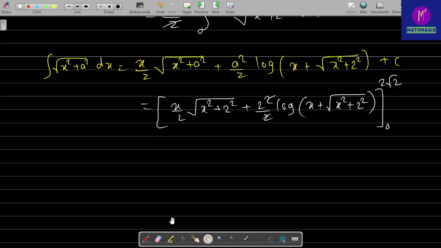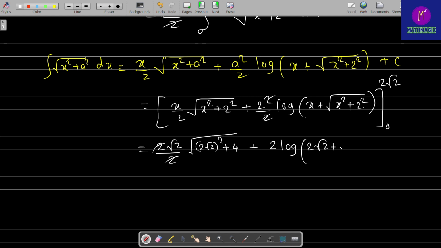Let us substitute the limits one by one. By substituting the upper limit we will get 2 root 2 by 2, the 2 gets cancelled, square root of (2 root 2) the whole square, plus 4, plus 2 log of 2 root 2 plus square root of (2 root 2) square plus 4.